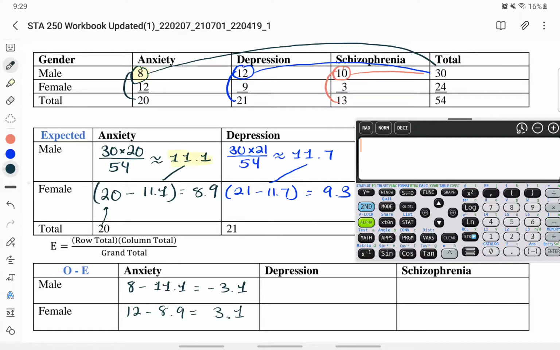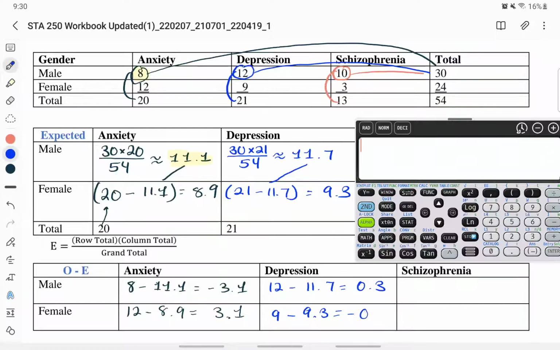Let's do the same thing for depression. Observed, male in depression is 12. The expected for male in depression is 11.7. When we subtract that, that's going to be positive 0.3. For female and depression, the observed is 9. The expected is 9.3.